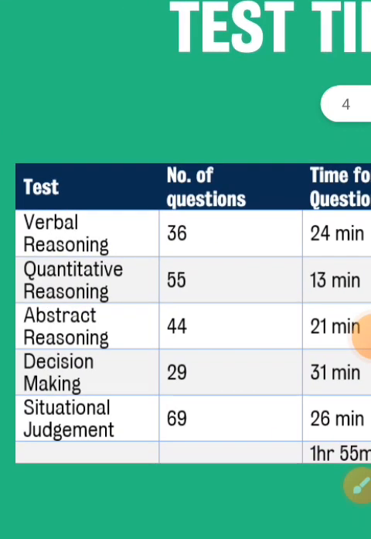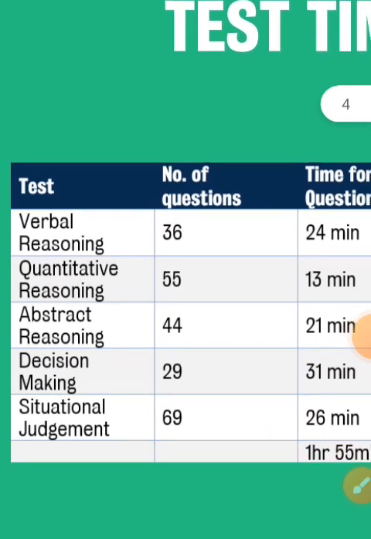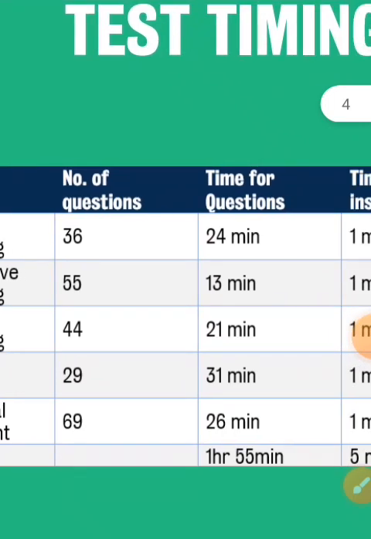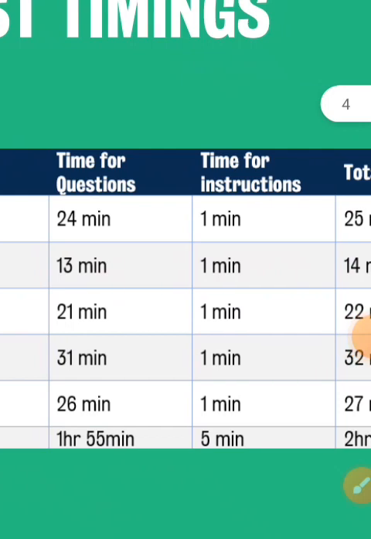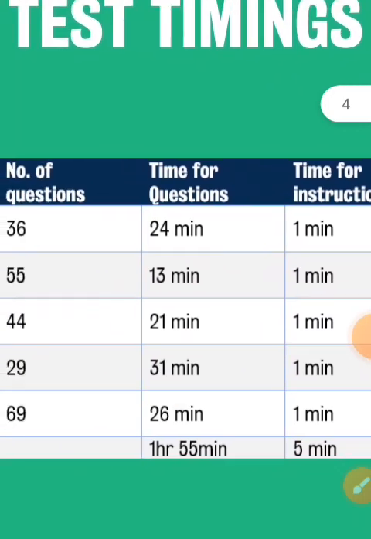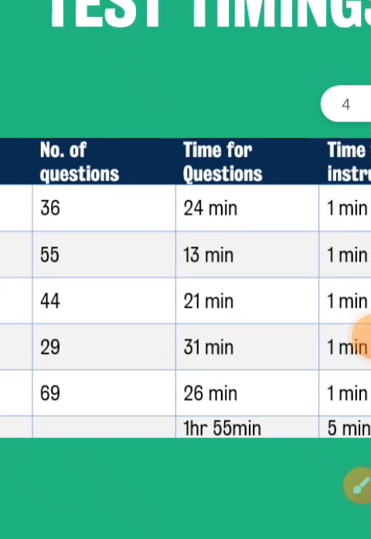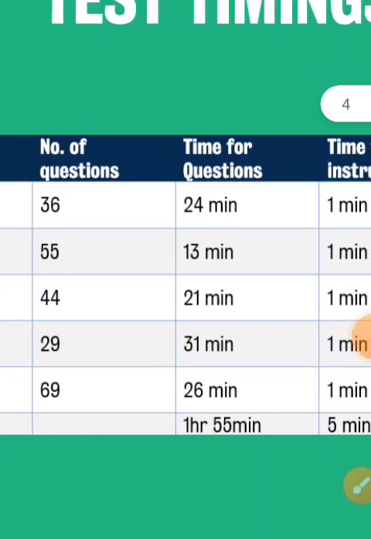For example, in verbal reasoning, you have about 46 questions and you have to answer all of them in 20 minutes. Can you imagine? So each question gets about 20 seconds.